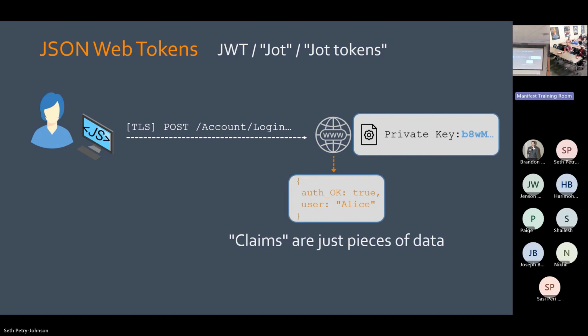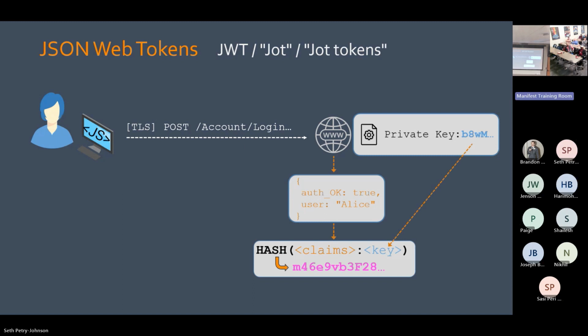So after the user is authenticated, the server constructs a JSON document of claims. And claims are just pieces of data, just name value pairs, right? Such as the user here is Alex. So the server then signs those claims, like we already talked about, but this time it's signing the claims with its private key, not a user-specific key.